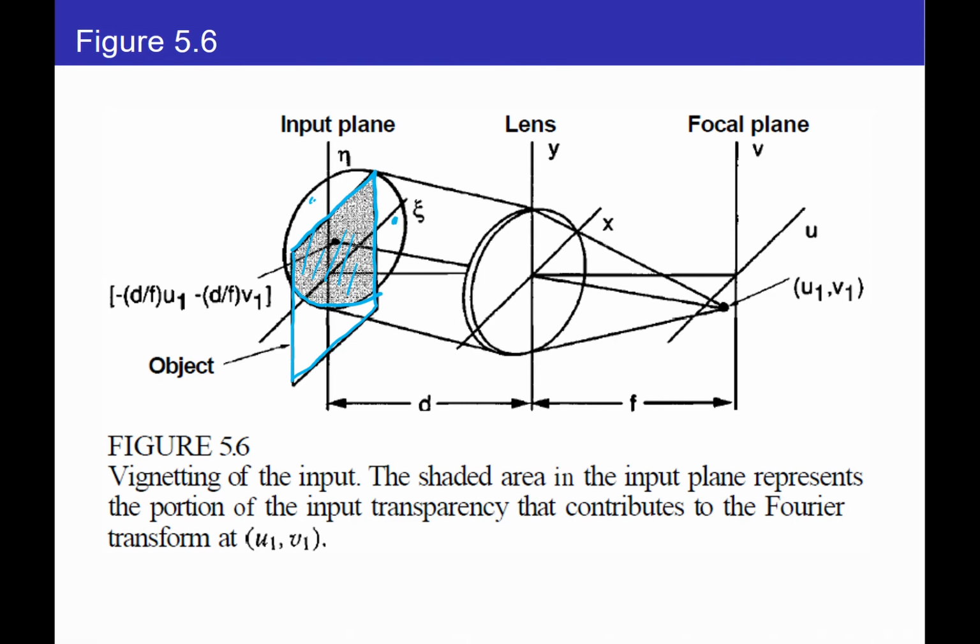So only a portion is going to be Fourier transformed here. That is called vignetting. Vignetting means that we have a certain leftover here. Okay, so this is the vignetting.